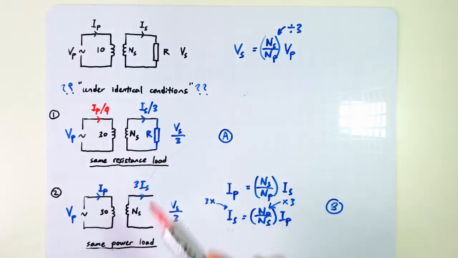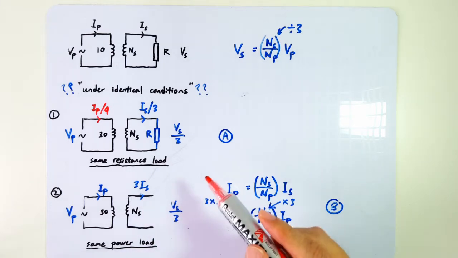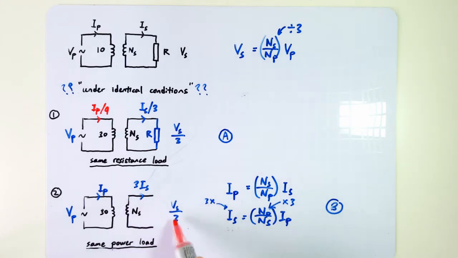Alright. Now let's go to the second scenario. In this second scenario, we are insisting that Ip is the same because we are delivering the same output power. And you see, it actually tallies. The new output power here is Vs over 3 times 3Is, which means it still equals VsIs, the original power output. So what is different here?